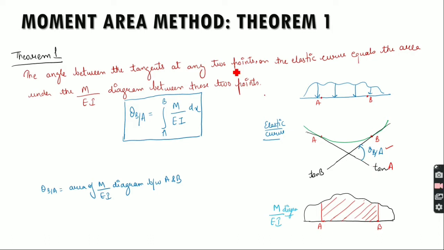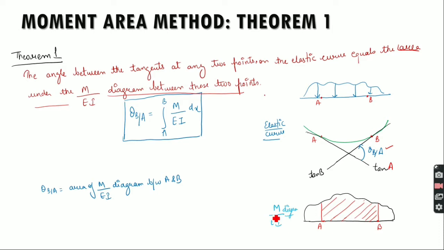So the theorem says that this angle theta BA equals the area under the M by EI diagram between these two points, right? Now this is the second part of the theorem which I have underlined. Our motive is to calculate this theta BA. This theta BA is determined on the basis of the M by EI diagram.